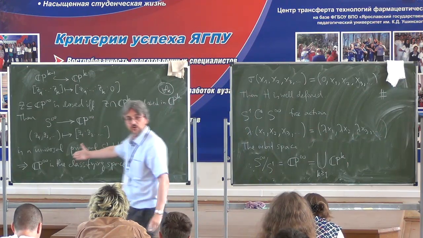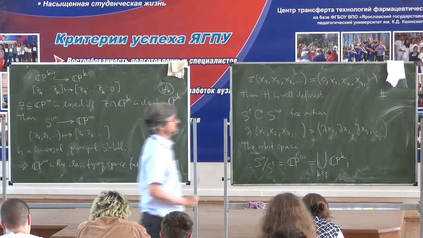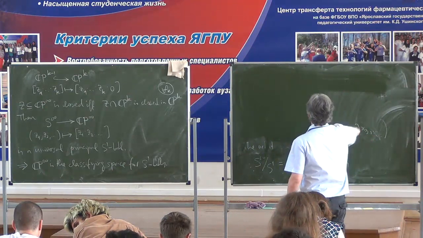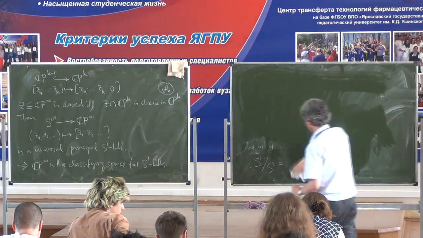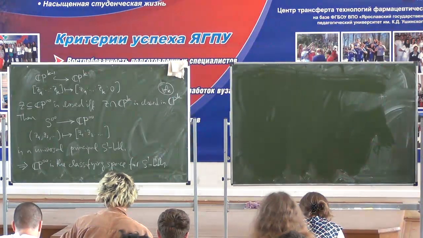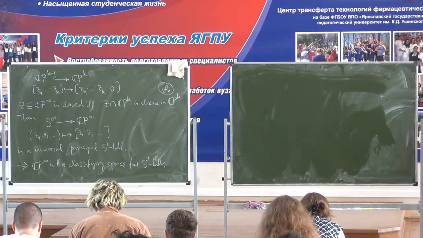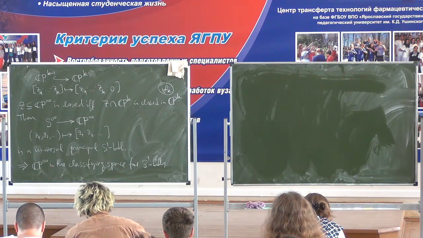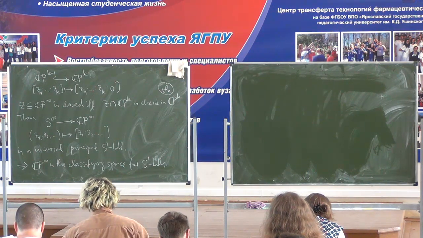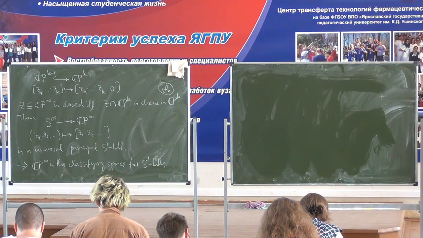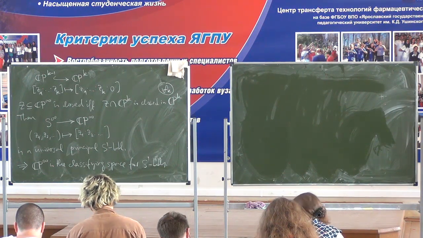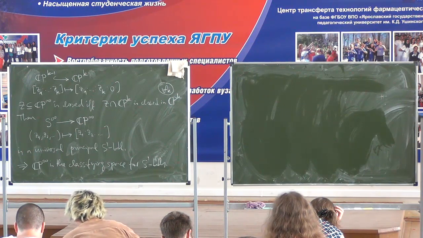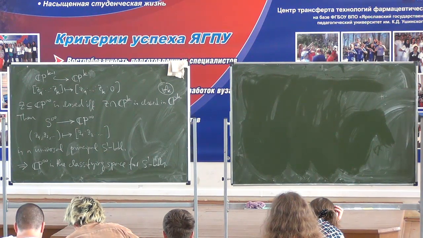Now let's compute the cohomology of CP infinity. To compute the cohomology, I'm going to use the Gysin exact sequence.